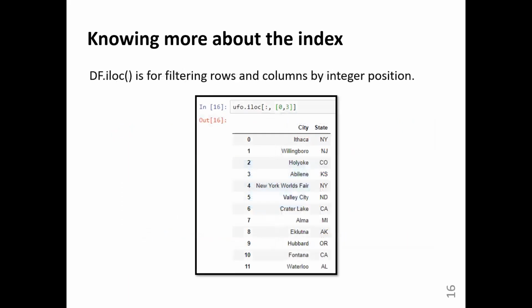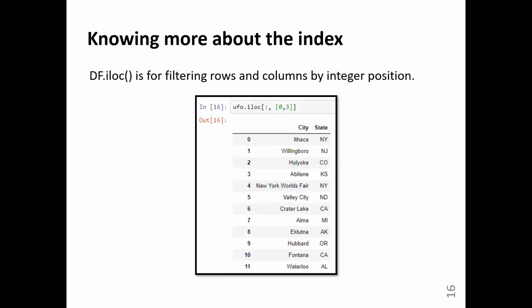By saying that, okay, look at this. When I say iloc, I can use the column headers as integer indices like 0, 1, 2, 3. Here, if I say 0, 3, it's going to show me city and index 3, which is state.